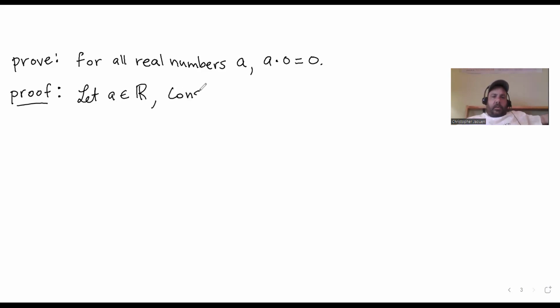Consider A times 0 plus A times 0. And using the distributive law, this is the same thing as A times 0 plus 0.